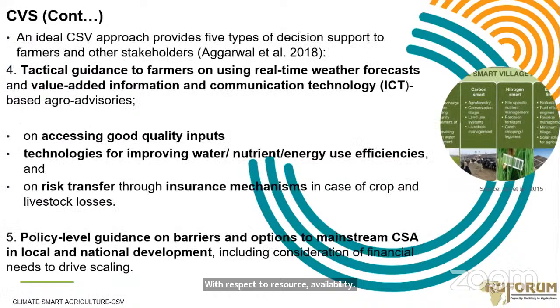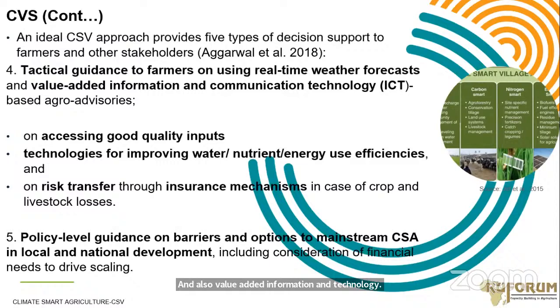So another benefit expected from the CSVs is that it provides tactical guidance to farmers on using real-time weather forecasts and also value-added information and communication technology based agro advisories.